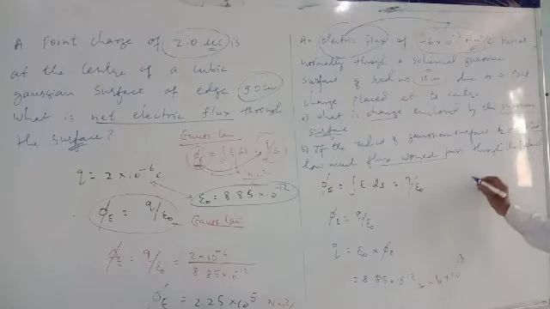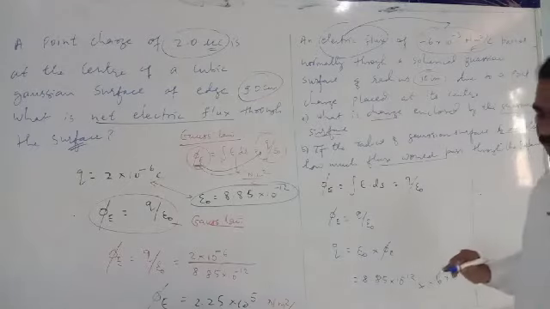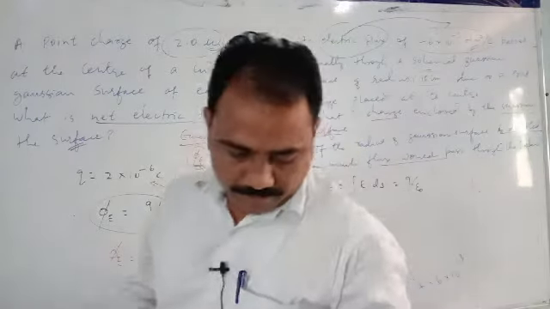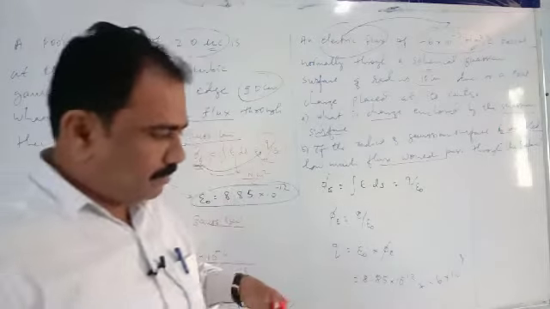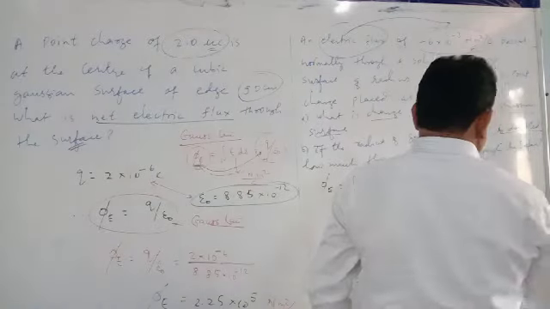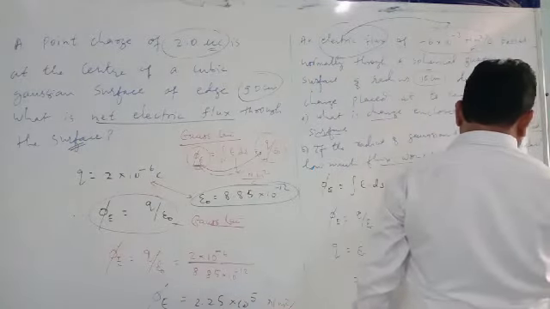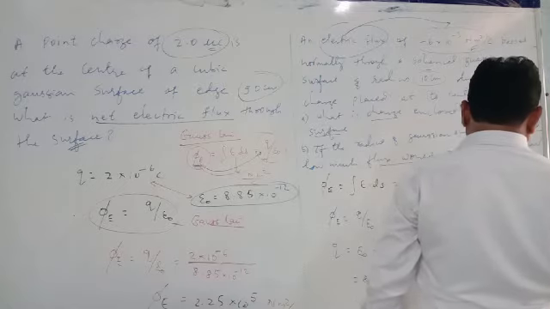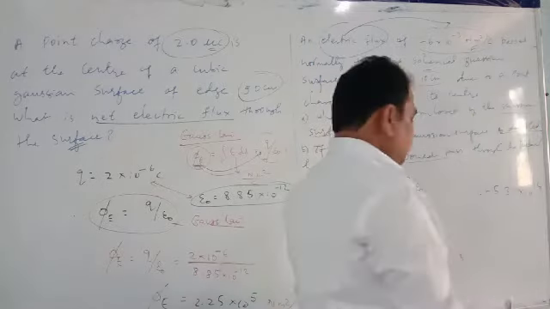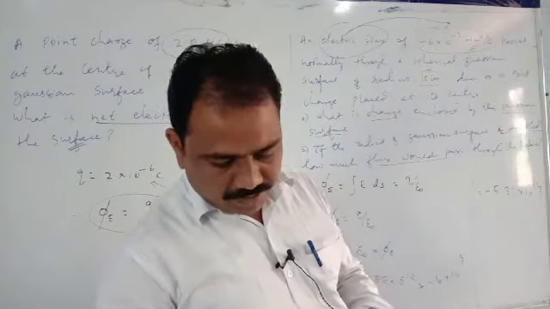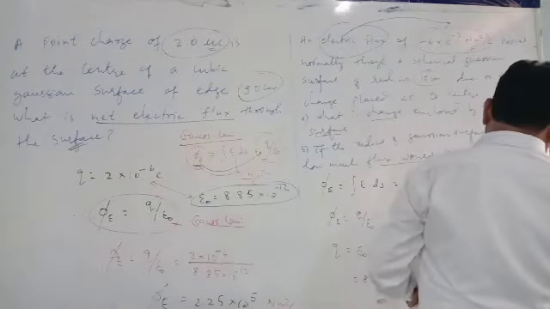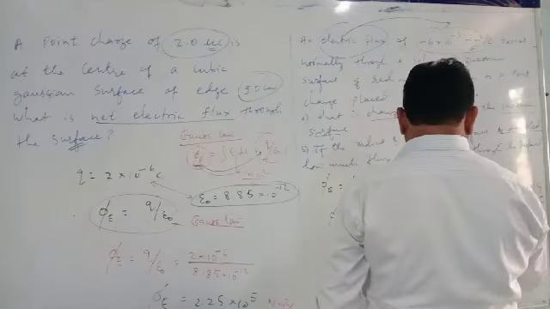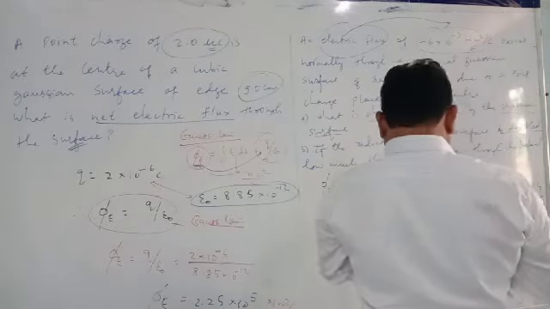The multiplication of these two terms gives minus 5.31 into 10 to the power minus 14. What is this? This is charge, and the unit for charge is Coulomb. So we put here Coulomb.